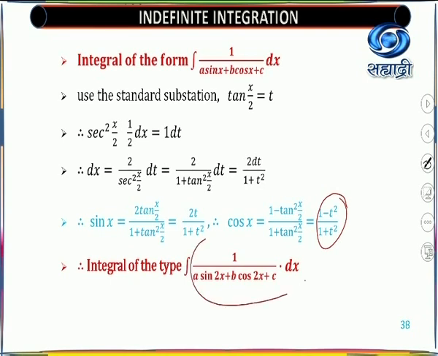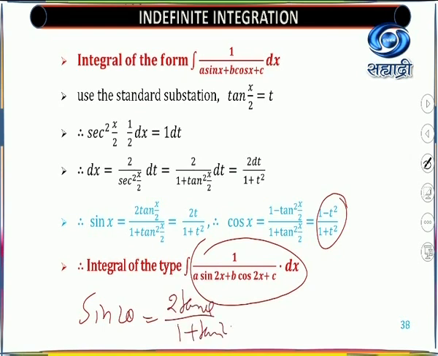Similarly, another type is there where sin 2 theta and cos 2 theta appear. Again we use the same formula. Only thing is that you have the direct formula: sin 2 theta is 2 tan theta upon 1 plus tan square theta, and cos 2 theta equal to 1 minus tan square theta upon 1 plus tan square theta.